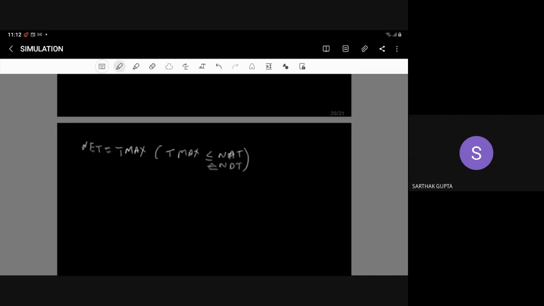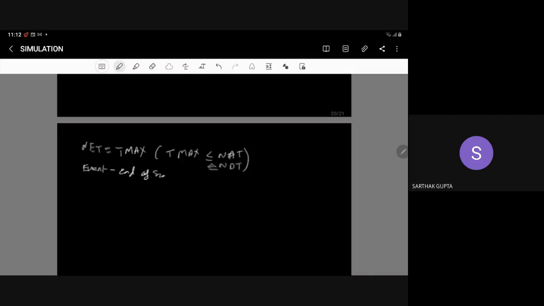If Tmax is less than NAT, you take the Tmax. When Tmax is less than NDT, you also take only the Tmax. When all are equal, you also take the Tmax. So when the next event time is equal to Tmax, the next event will be the end of the simulation.